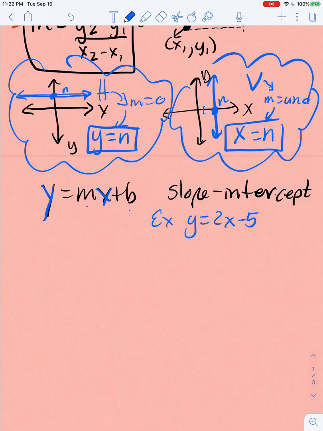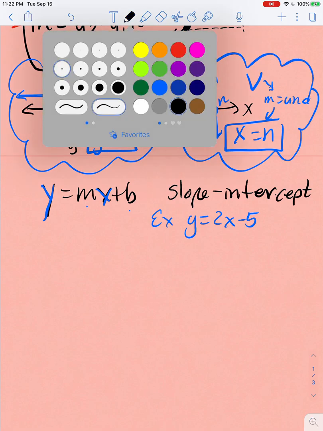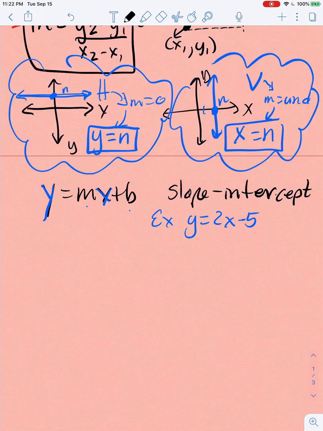Something that you will start to use in calculus, and since we are in pre-calculus, now is a great time to talk about that. If I knew the slope and I knew 1 point, then I could use this format that we call the point slope form. That's the more common name, so I want to make sure you hear it that way.